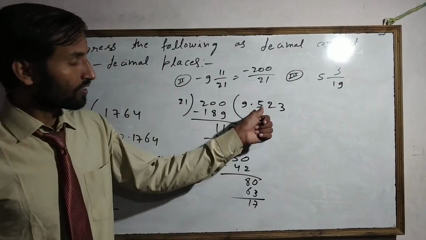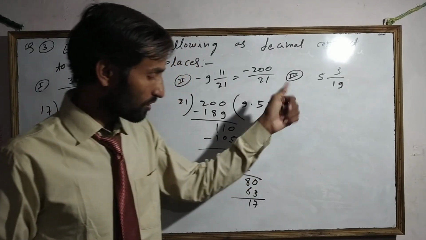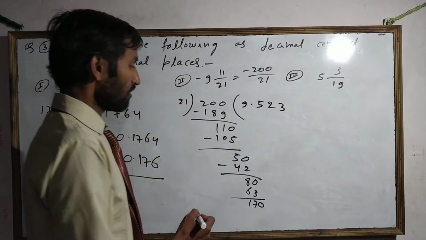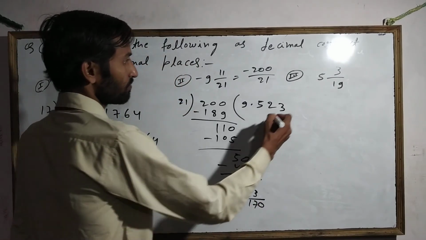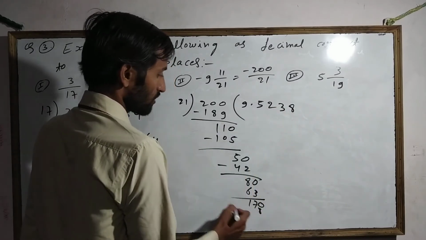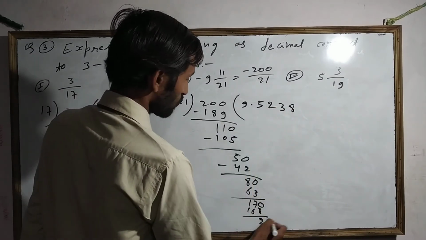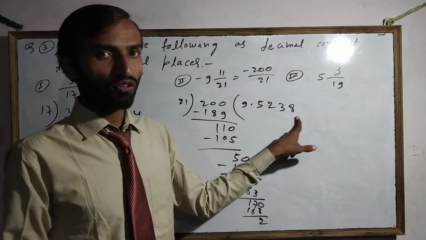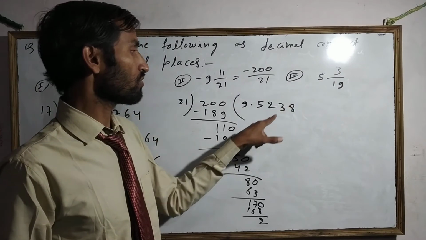Okay, 3 decimal places we have divided, one more is required, so we put a 0 here and 8 times 21 is 168, the remainder is 2. So we have divided up to 4 decimal places. Now we have to round off.